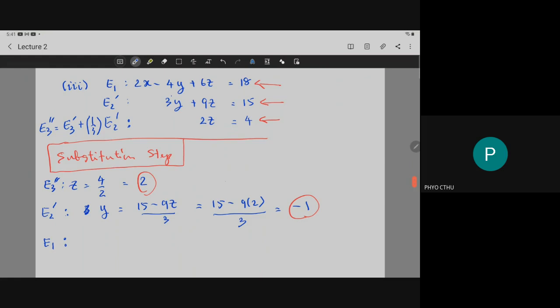So from e1, then we have that x is going to be equal to 18 plus 4y minus 6z and everything divided by 2. Okay. So here I have what? Hanatson, what do I have here?